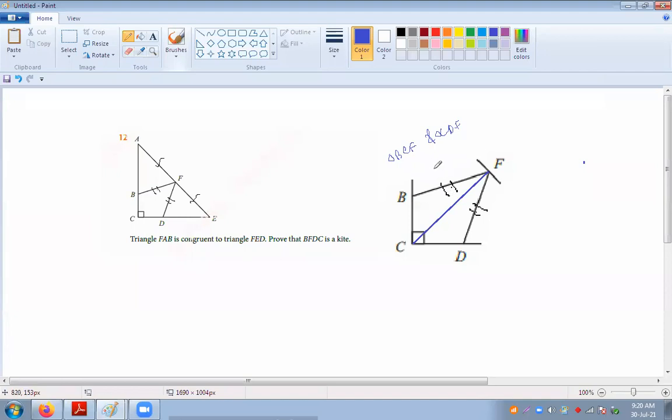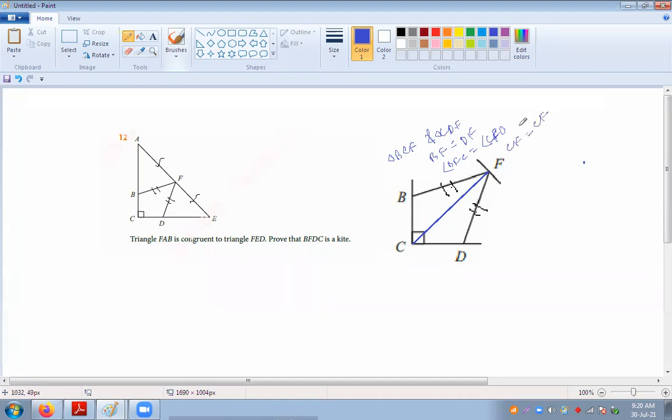Among these two triangles, we get BF is equal to DF, and CF is equal to CF. We also know that angle BFC will also be equal to angle CFD. CF is the common side.